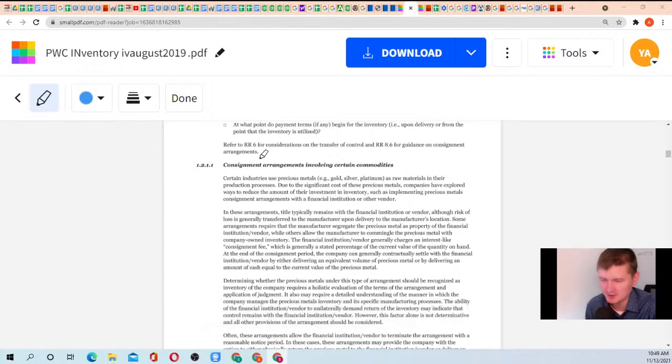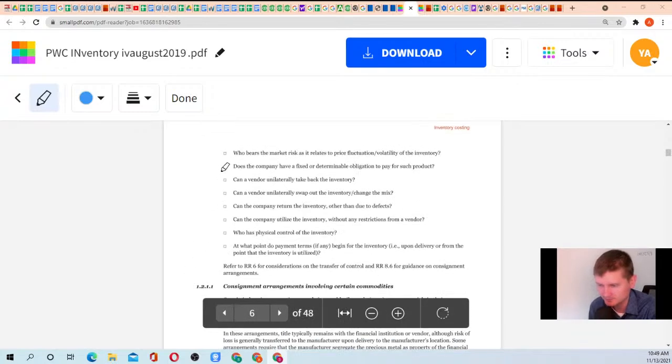Most of the time it's just straightforward. You just sell what you own, and when you buy inventory, the title passes at the moment when your carrier gets it or when it is delivered to your warehouse.